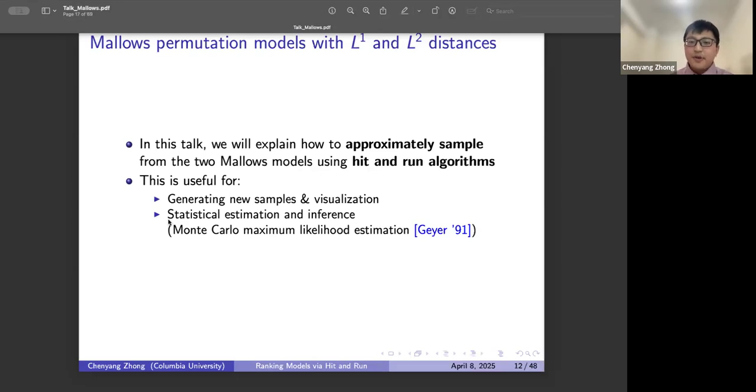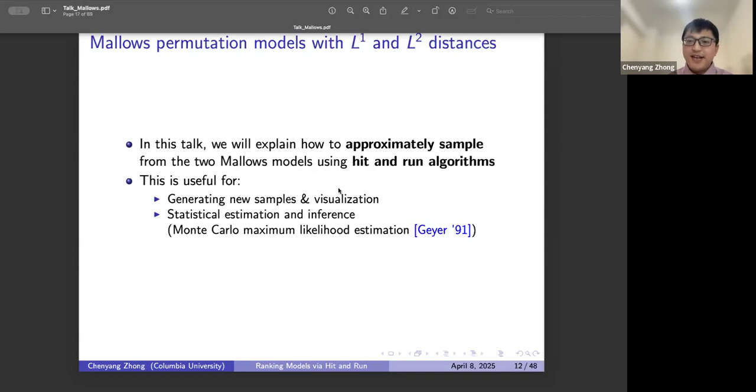In this context, we can consider the scenario where we observe a bunch of permutation samples, which could consist of sigma 1, sigma 2 up to sigma capital N, which are rankings given by different users. Suppose that we fix a particular sigma 0, the central permutation, and we want to estimate or perform inference on the scale parameter beta.